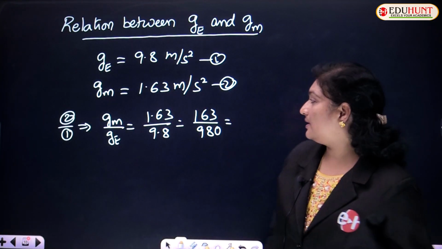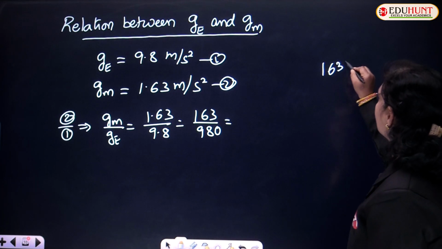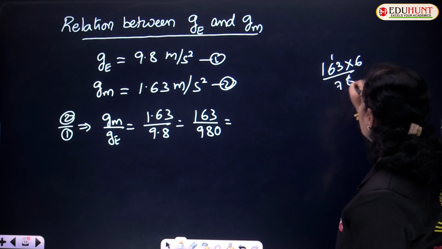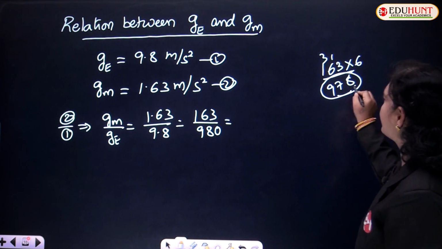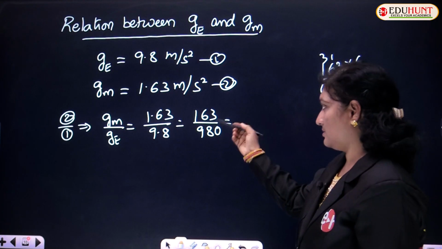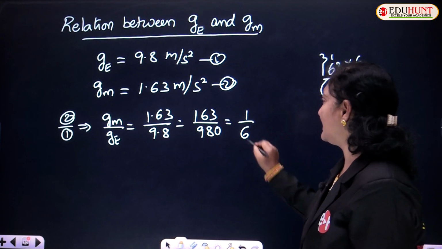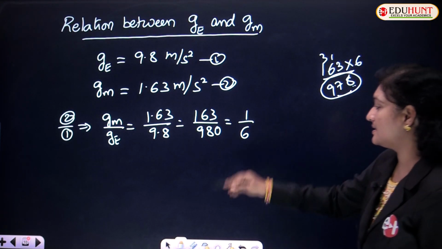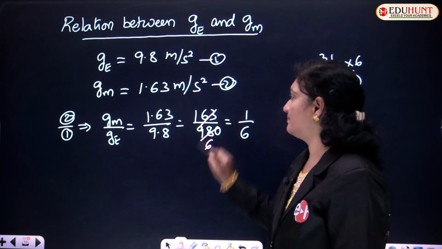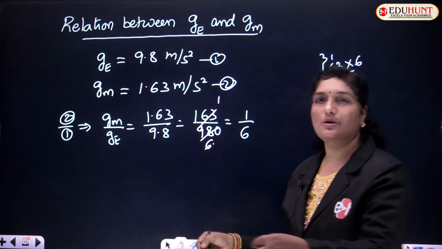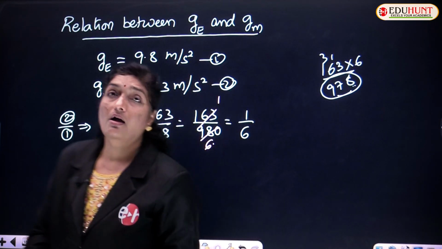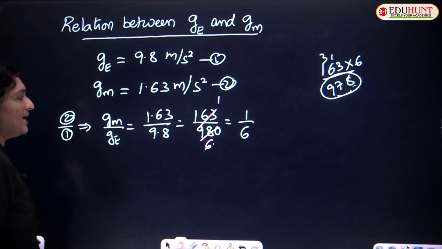Simplifying further, 163 multiplied by 6 is something like 978, and here we have 980. So if you simplify this, you will approximately get 1 by 6. 163 goes into 980 about 6 times, 6.0 something. So approximately 1 by 6. Therefore, we found that the value of Gm by Ge is 1 by 6.